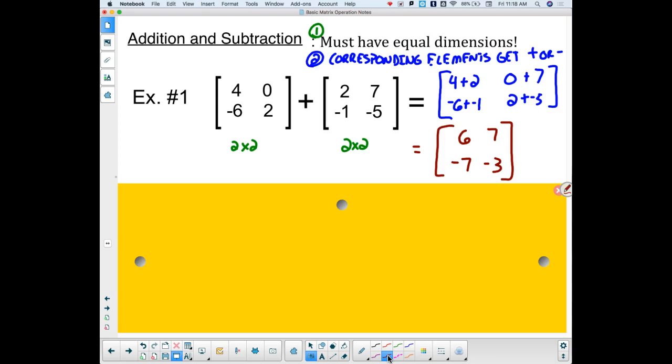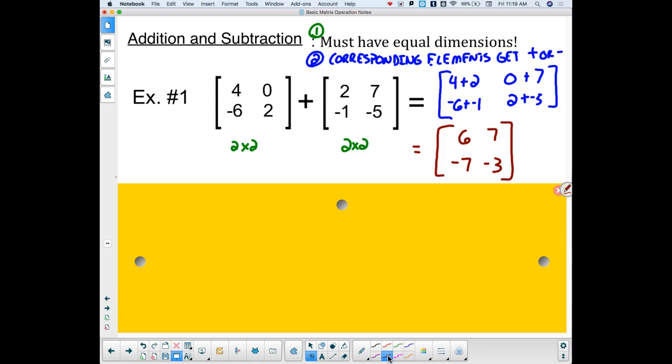Okay? And then I would read left to right, top to bottom, and I would pause after each row. So if I were telling you this as an answer and you were checking it, I would say the result is a 2 by 2 matrix, 6, 7, negative 7, negative 3.